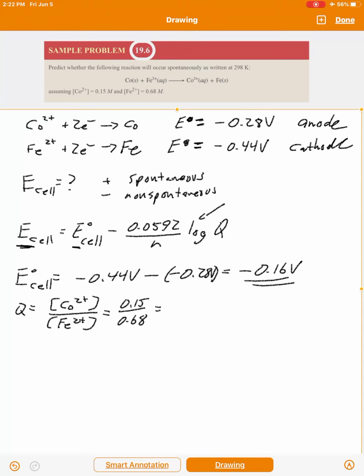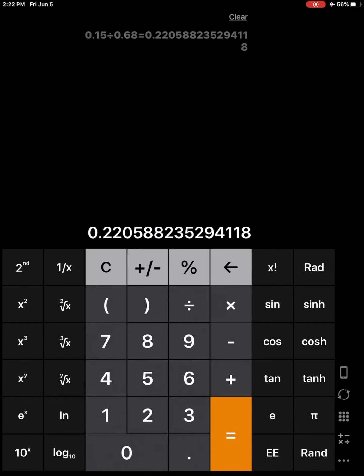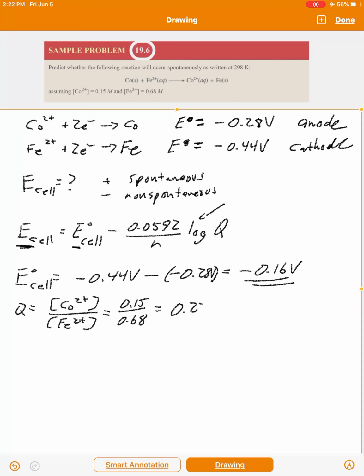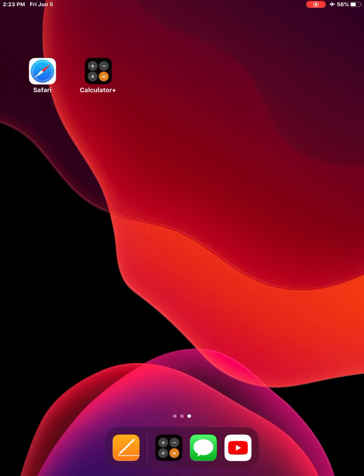So 0.15 divided by 0.68, that's going to give you Q, 0.221. And then in the equation, we need to know log Q, so I'm going to calculate that next. Okay, so we'll come back to our calculator here. There's our 0.221. Take the log of that. Negative 0.656.